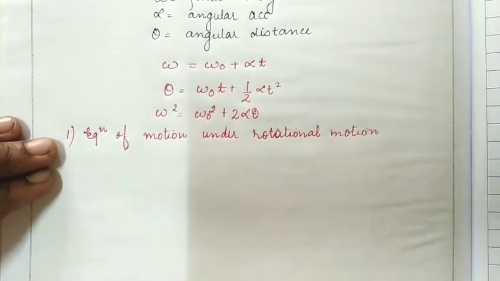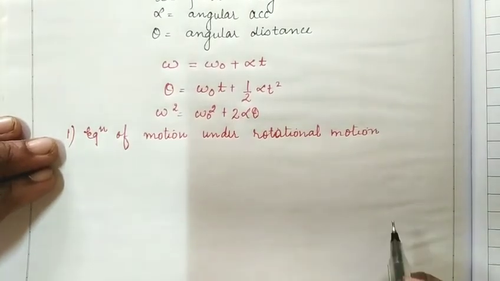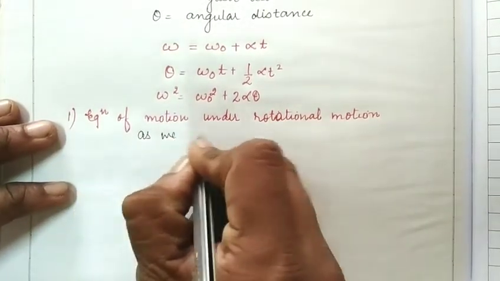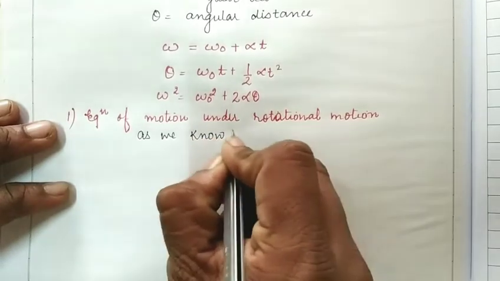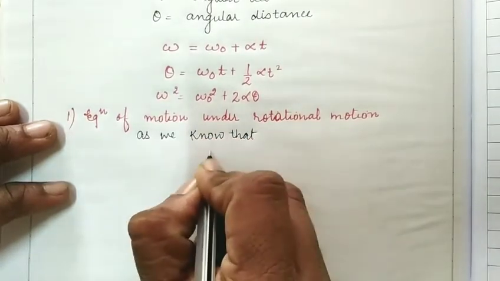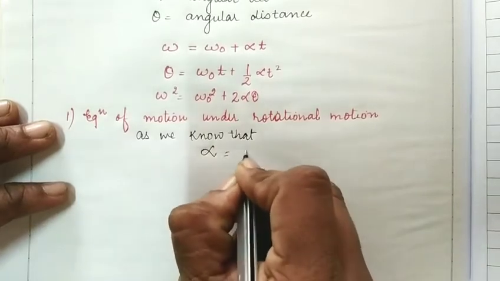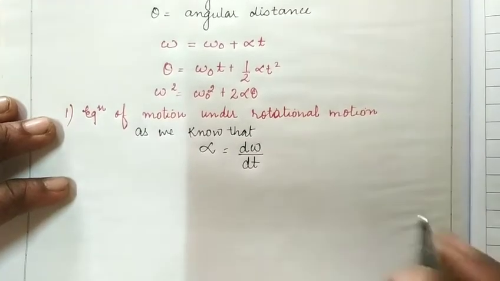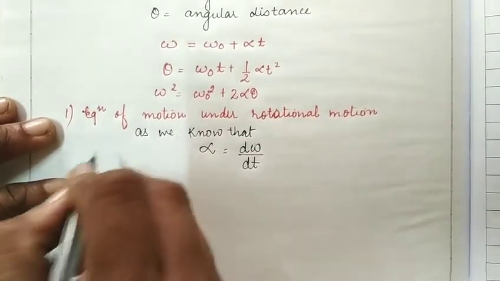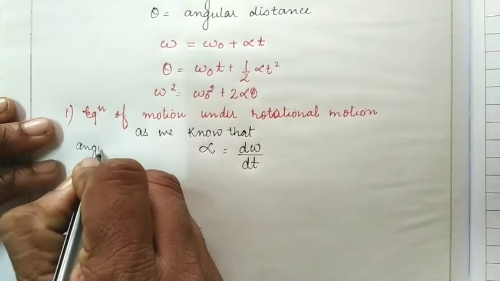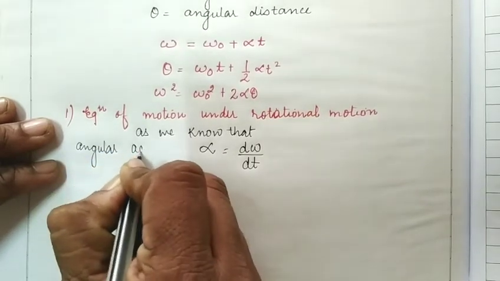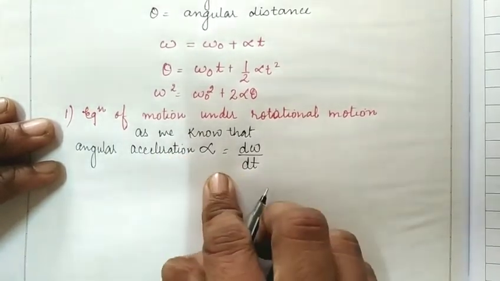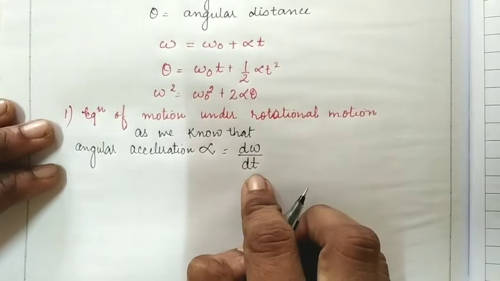Students, as we know, the angular acceleration alpha is equal to the change in angular velocity with respect to the change in time. Angular acceleration alpha is equal to the change in angular velocity over the time t.